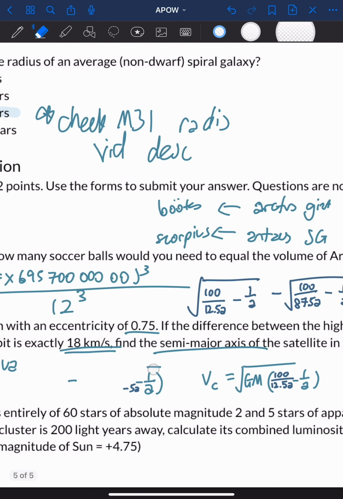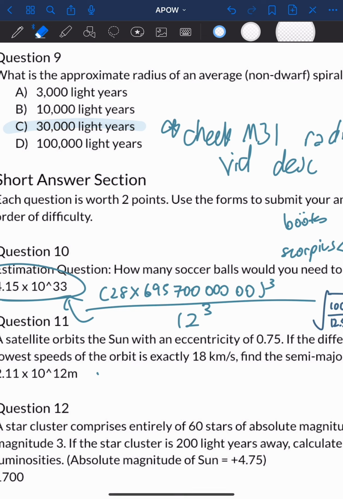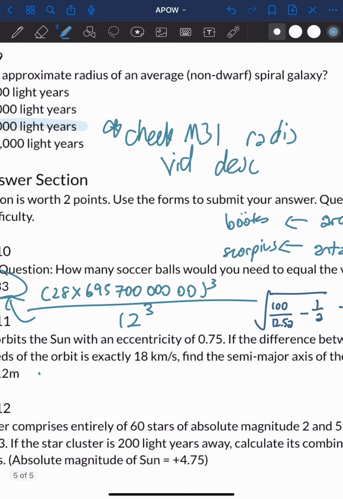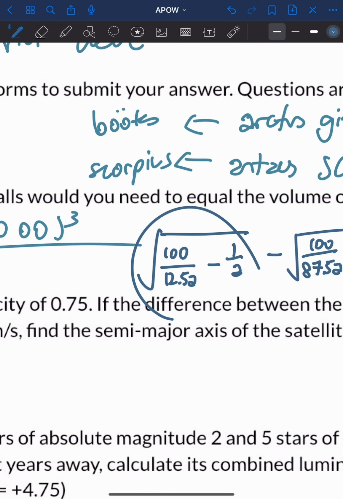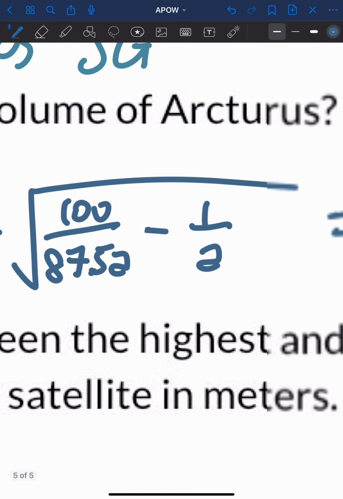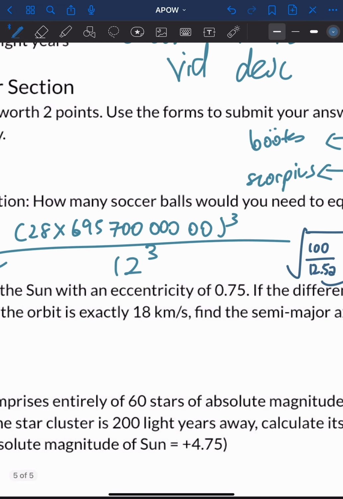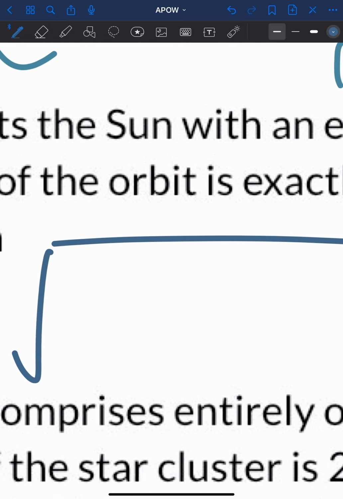And that also means we get to delete this finally, so we have some space down here. Oh, this is not clean. I need to stop selecting the wrong thing. So if we take this equation here, we want to combine this into one, correct? So we're just going to multiply each side by 12.5 and 87.5 respectively. I'm going to write this down in one line because I want to make my life easier.